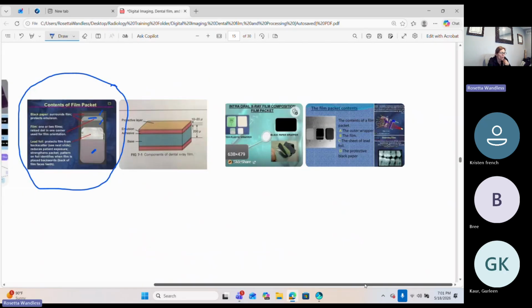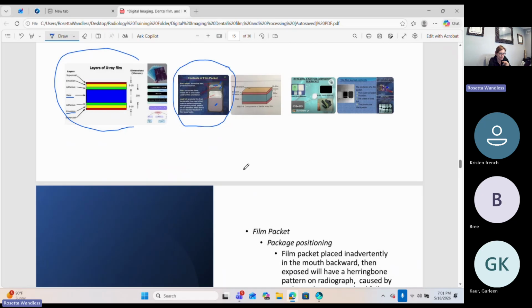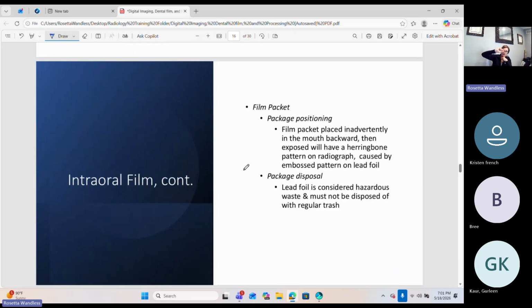All a herringbone is, if you ever saw a herringbone necklace, it looks like little dots that go across the line of the film. So when we look at the radiograph after we've made that error, we're like, oh no, I had the film backwards. I positioned it backwards. So we need to make sure that lead foil is behind the film when we're placing it in someone's mouth.